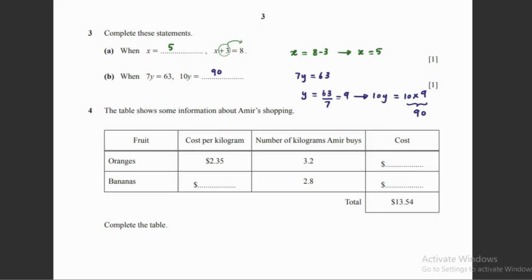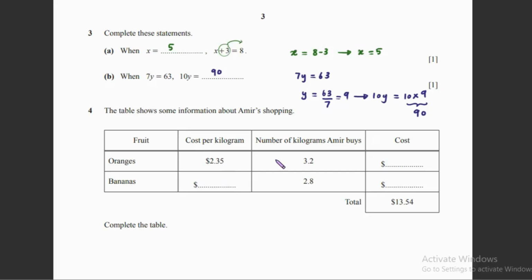In question 4, we're given a table and we're supposed to find the missing numbers. To calculate the missing numbers, cost per kilogram and the number of kilograms should be multiplied together to find the total cost.